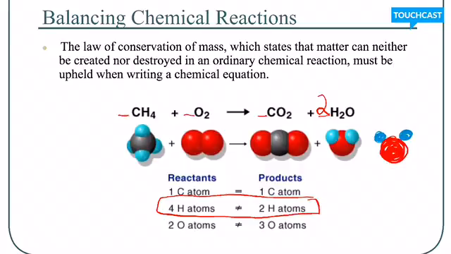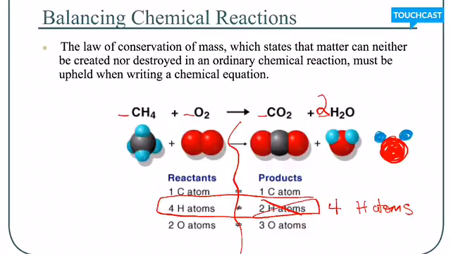Cool, right? So if you see over on the right side of the arrow, make sure you're splitting your screen here. On the right side, it looks like I have 4 blue hydrogen atoms. Do you see how you have 4 blue hydrogen atoms on the left? Yay! I balanced my hydrogen. So now I have 4 hydrogen atoms. Great!